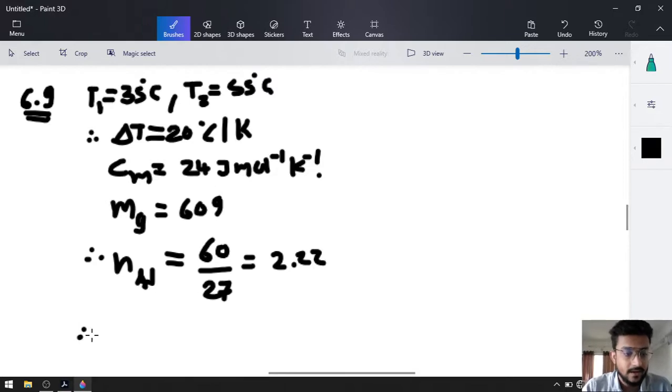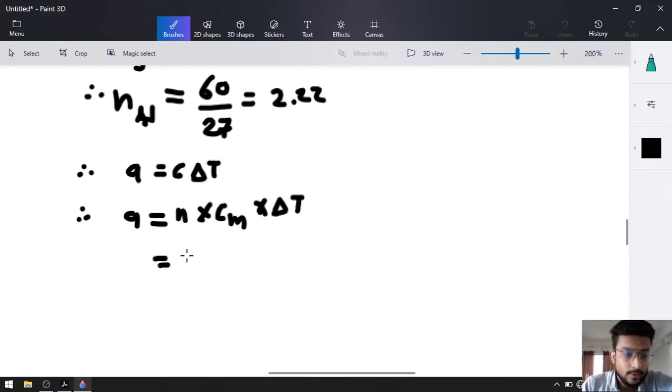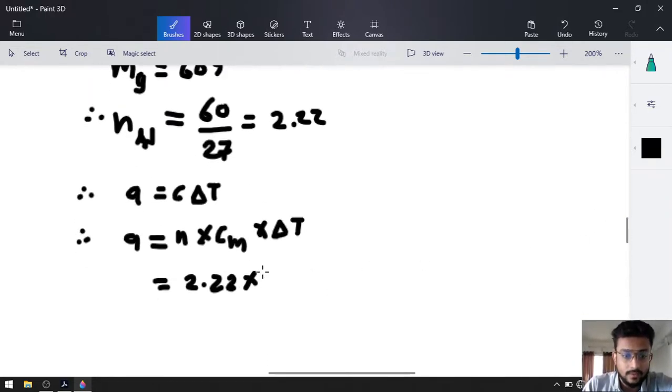Now we have the formula Q is equal to C delta T, but we have molar heat capacity. That's why Q will be equal to n into Cm into delta T. Okay, number of moles 2.22, heat capacity it is 24 and delta T is 20.